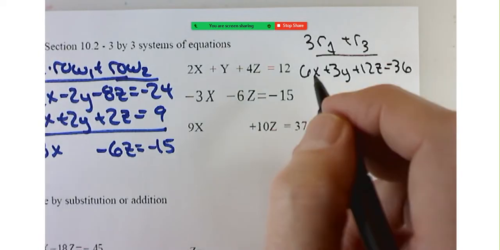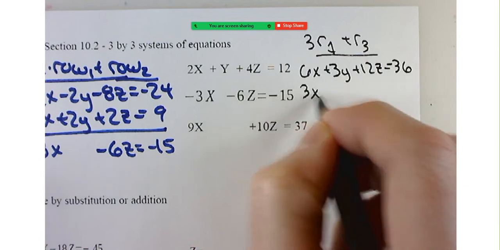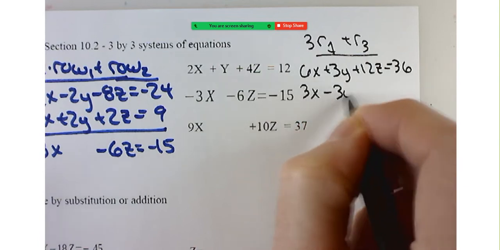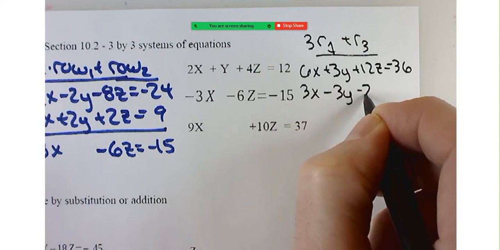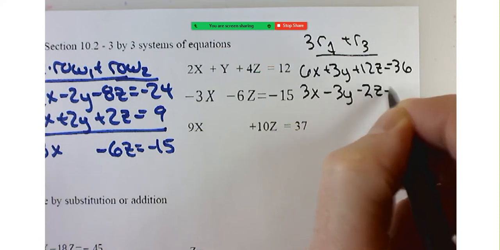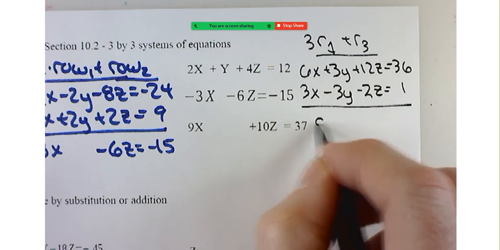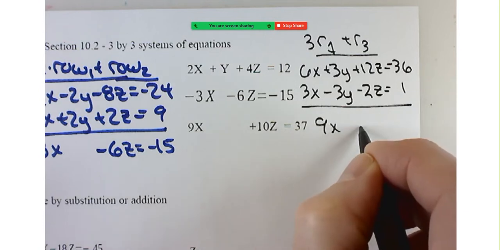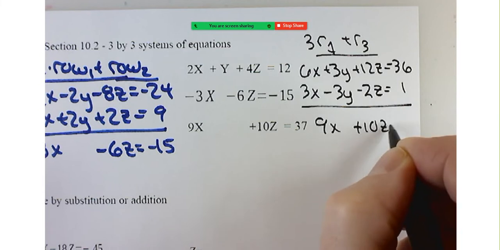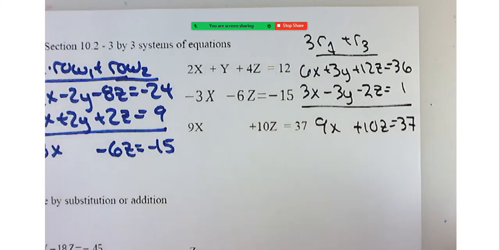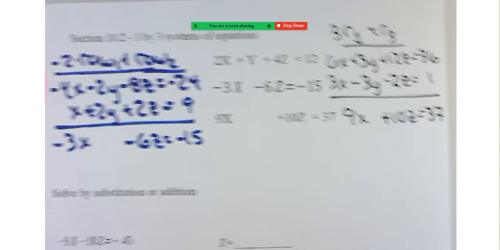And then added to 3x minus 3y minus 2z equals 1. And that'll end up giving me 9x plus 10z equals 37. So I did that twice.